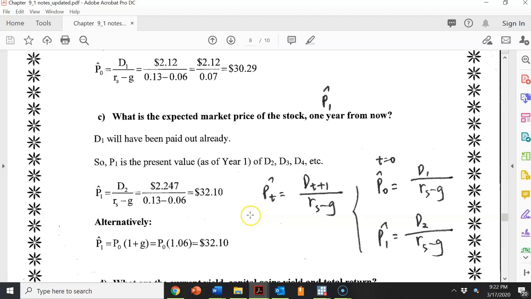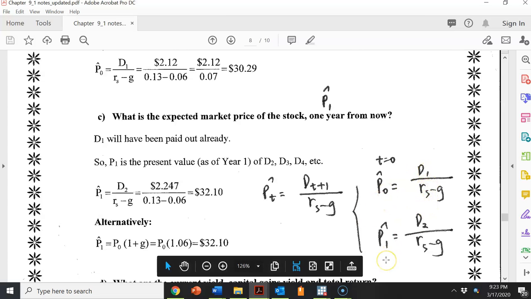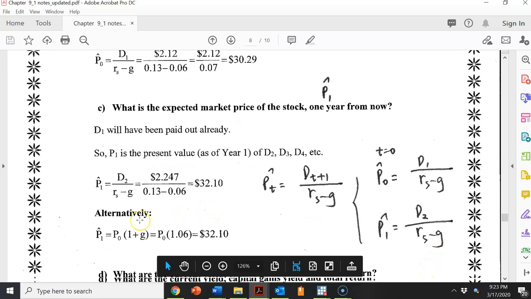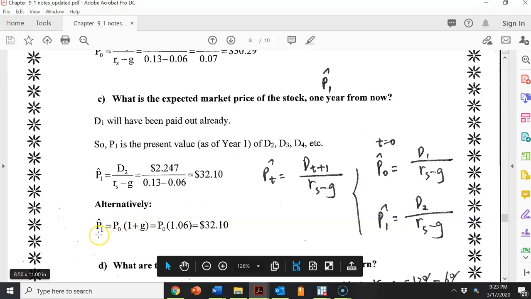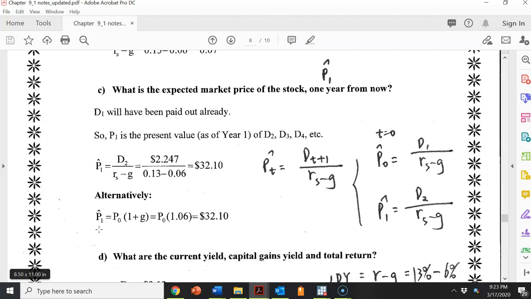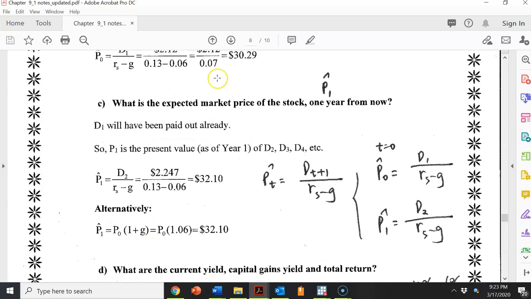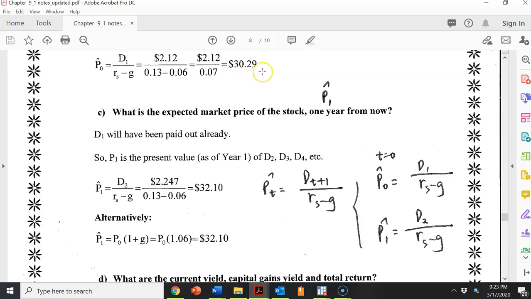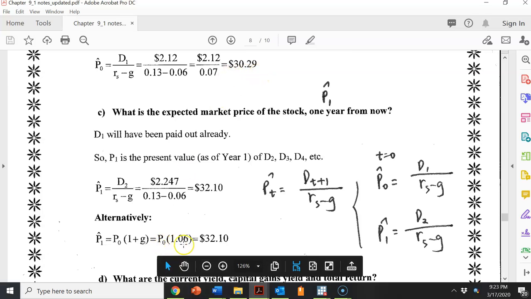Okay, remember any PT is DT plus 1 over RS minus G. That's why for P0 it's D1 over RS minus G. Okay, an alternative method is to use our conclusion that price grows at the rate of G. So our P1 equals P0 multiplied by 1 plus G. We can use P0, 30.29 here, we solved for, multiplied by 1 plus 6%.